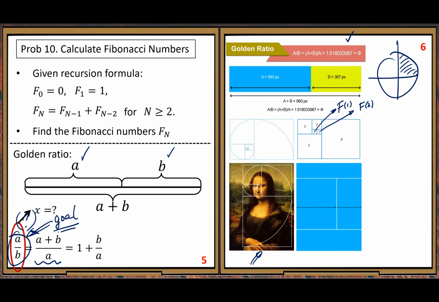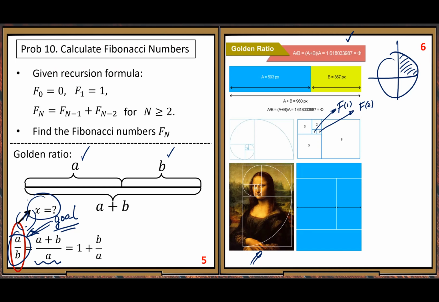Because with A over B, we need to deal with two variables, A and B, but we only have one equation for two variables, so it's not easy to find a solution. So we want to convert it to a one-variable equation. We just make this ratio one variable x.